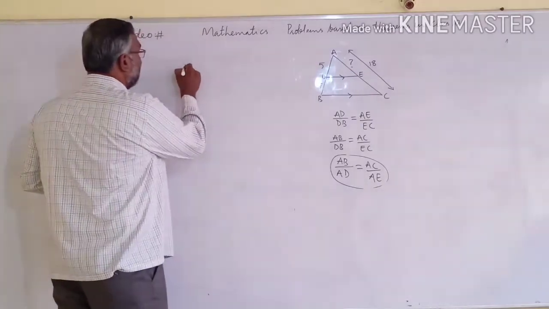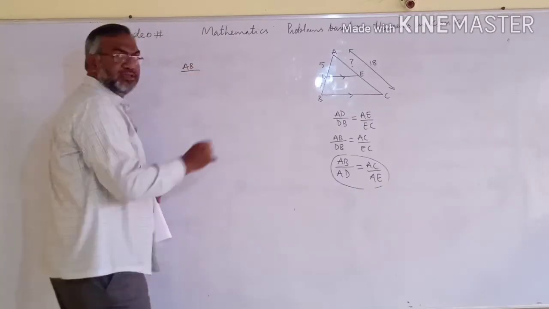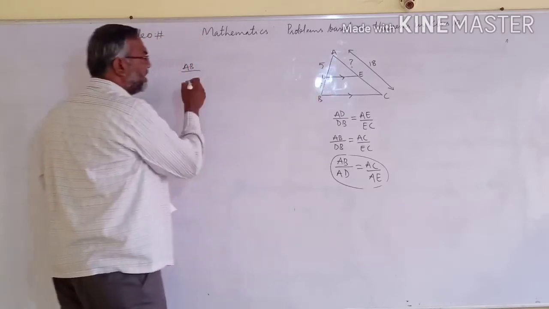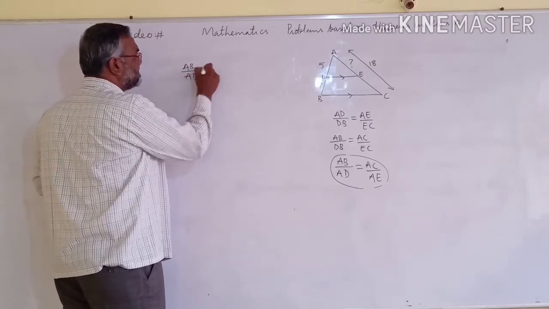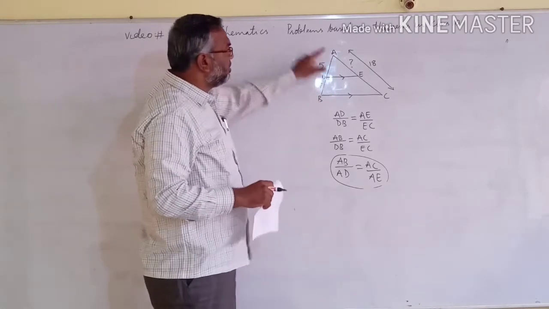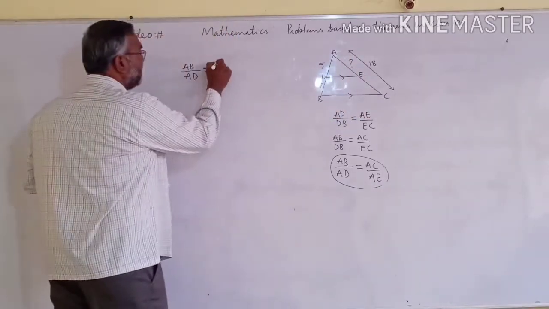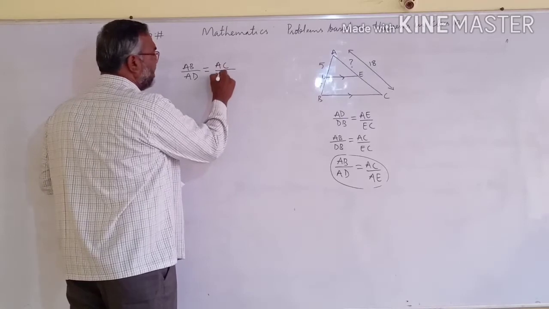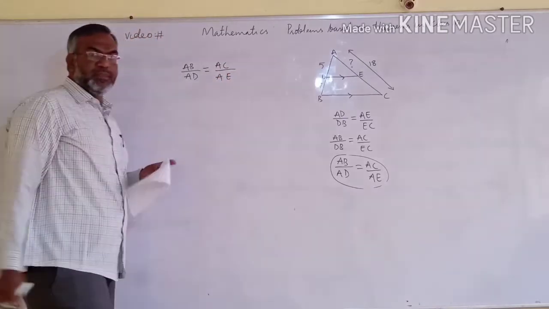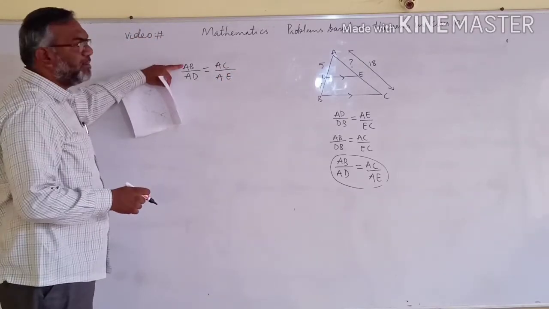What is that? AB full length divided by the upper part AD. Why am I taking the upper part AD? Because I need AE, which I have to find. So that will be AC full length divided by AE. Do we know AB?